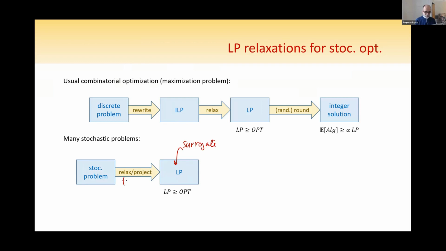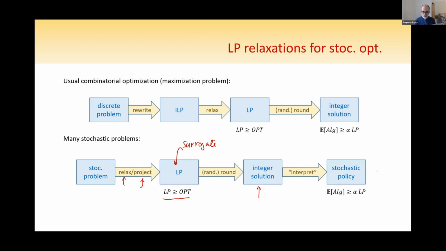It's going to be a relaxation. Sometimes we think of this as being a projection of the problem, and you'll see why. I'm going to write an LP whose value is going to be pretty good, just as before. And then I'm going to round it, and I'm going to get an integer solution. And I'm going to have to interpret this as a stochastic policy. This might not make that much sense right now. You'll come back to this in a moment.